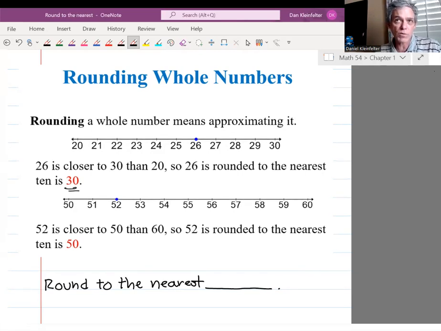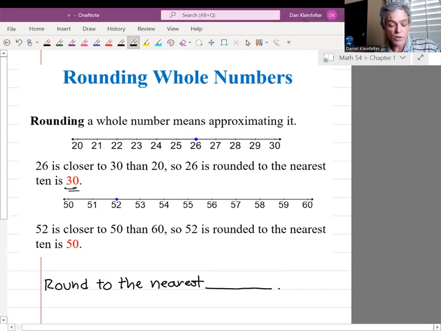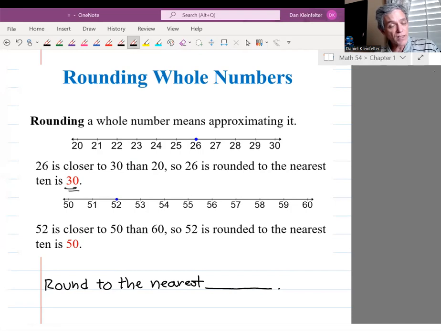What that means when we say round to the nearest 10, we want to find a multiple of 10 that is, out of all the different multiples of 10, the one that is closest. Okay, so sometimes we round up. 52, if we want to round 52 to the nearest 10, 52 is actually closer to 50 than it is to 60, so we would round down to 50. And so there, the final answer is going to be 50.